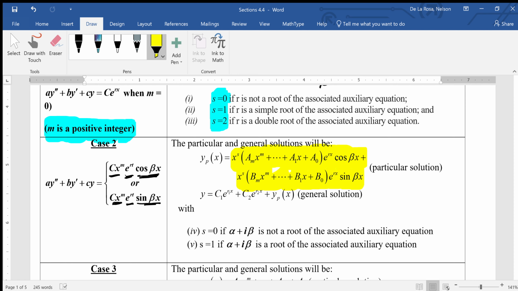It's going to be the sum of two terms, both of them containing x^s, a polynomial whose greatest degree is going to be m, an exponential and a trigonometric function, and the value of s is going to be either 0 or 1.